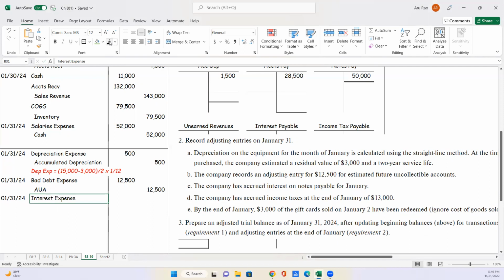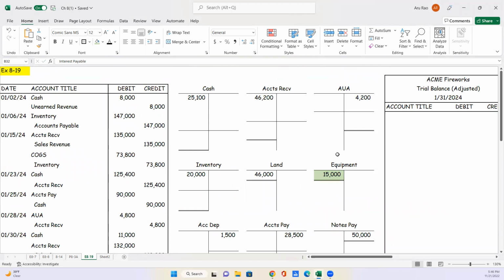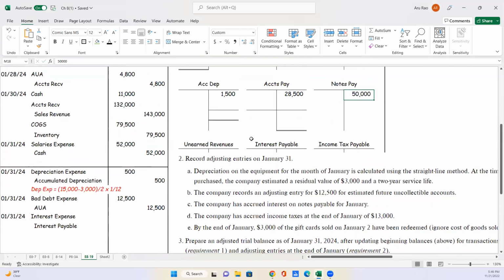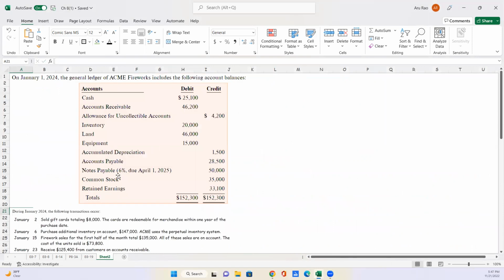I'm accruing it. So interest payable credit. So I need to find out what's the face amount of the note. And the note payable is $50,000. That's the face amount of the note. And the next question is, what's the interest rate? So if you go back over here, that was given, 6% is the interest rate on the 50,000.